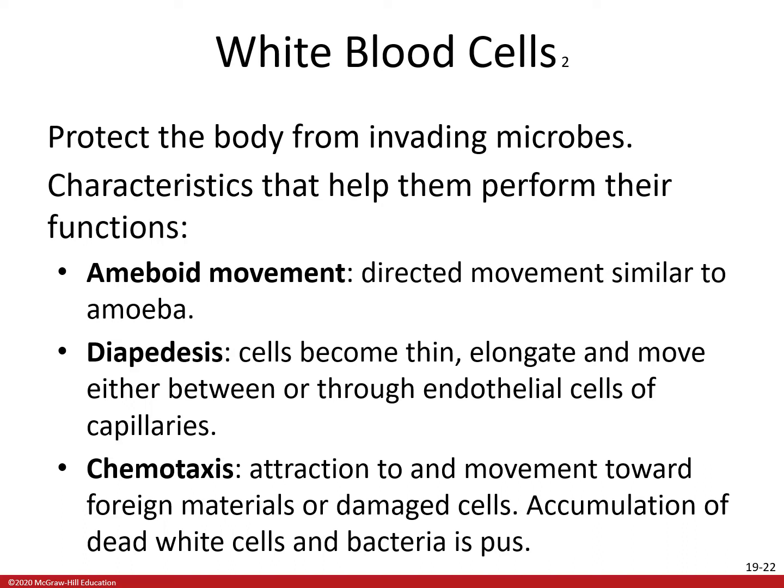So essentially, think of it kind of like a battlefield. So the dead of both sides are going to be in that area, and in this instance, this is going to be known as pus. So this is when you have a leaking of potentially a whitish fluid from some site of infection. That is what that is.